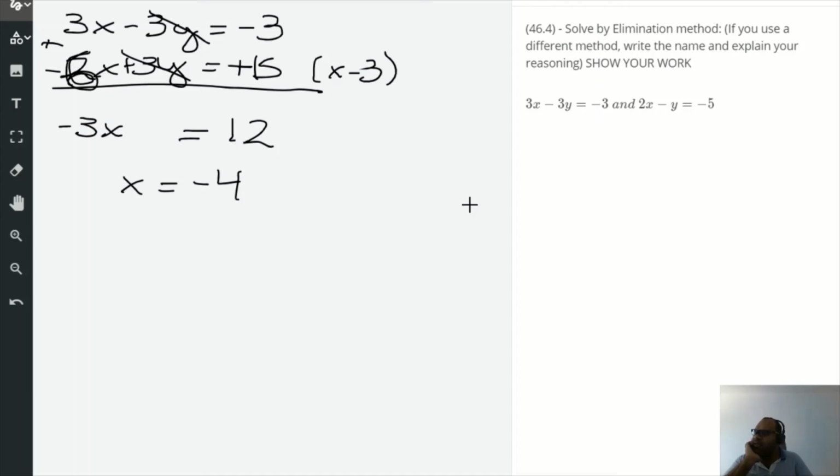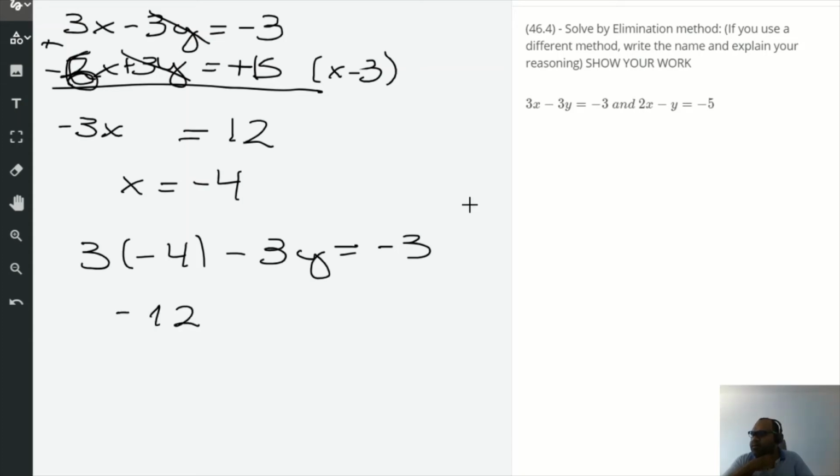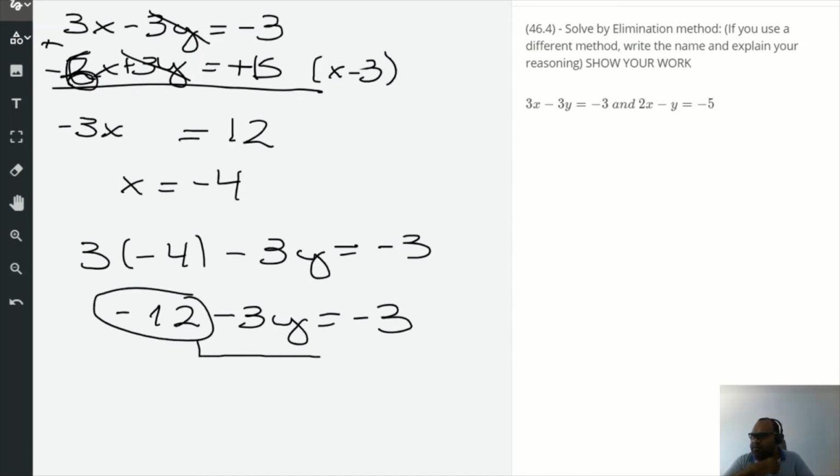Let's use this value in the first equation. It is 3x, 3 times negative 4, because I found the value, minus 3y equals negative 3. 3 times negative 4 is negative 12. Minus 3y equals negative 3. Let's move this negative 12 by the opposite. It is positive 12.